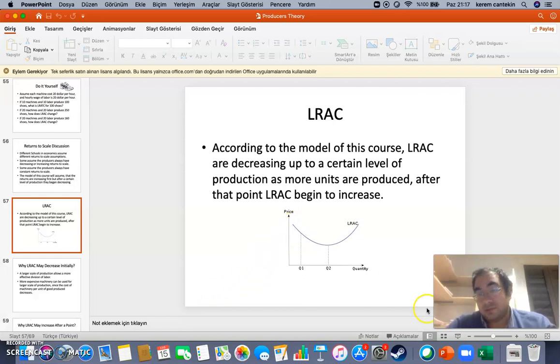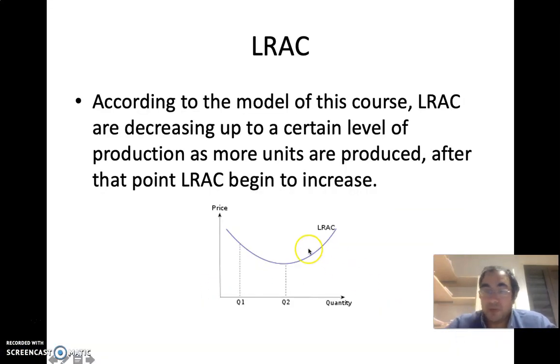Well, it has this perfect shape we had wanted to have, which is first a negative slope and then a positive slope, which means at first long run average total cost curves might have a negative slope for the reasons you might guess. When people work together, they might find better ways to cooperate with each other.